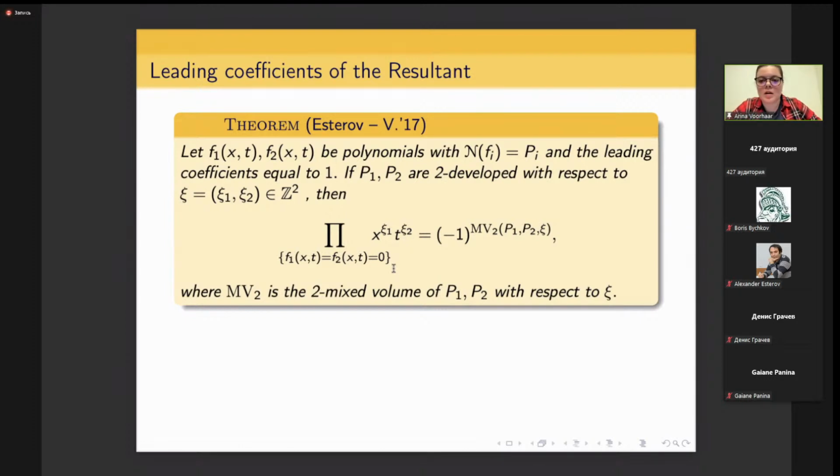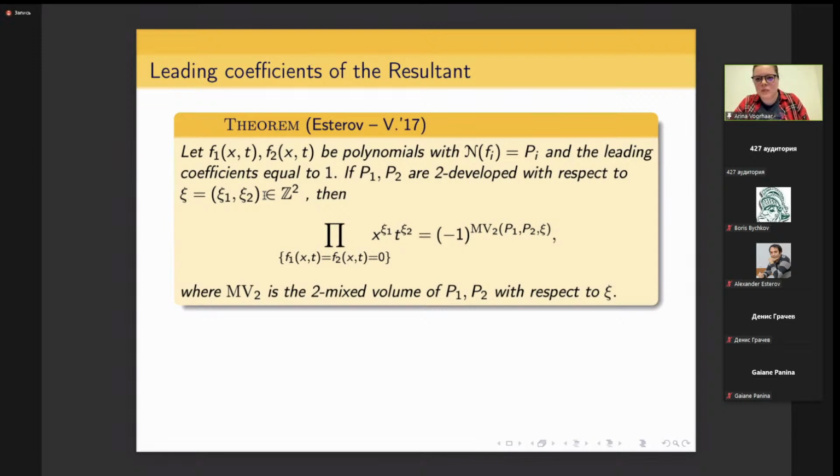So then there was a question, what does it mean to be developed? Yes, it's a good question. It's some requirement on the position of the polytopes with respect to this integer vector.